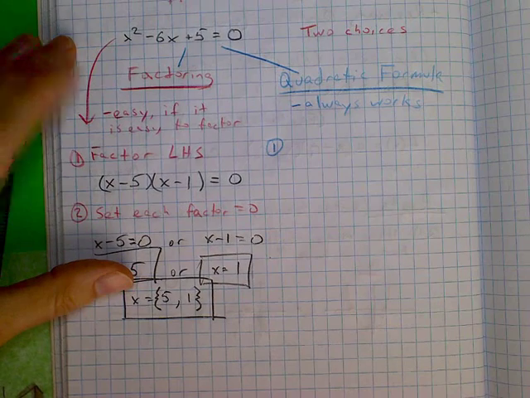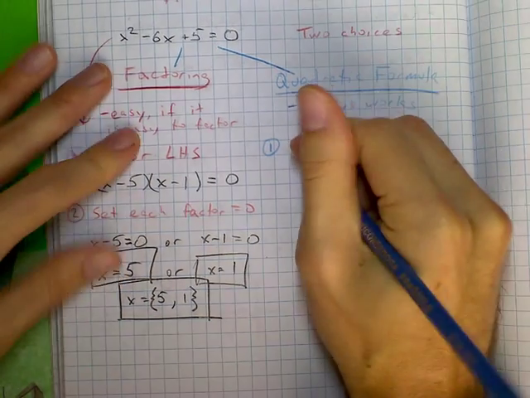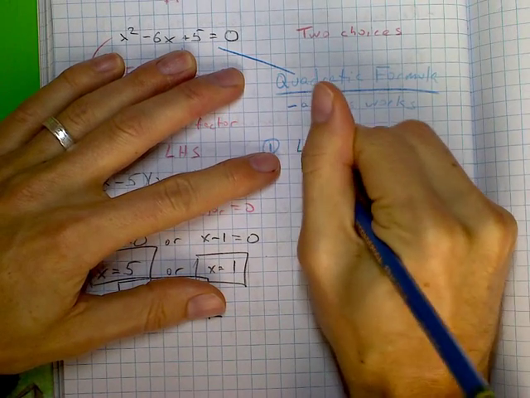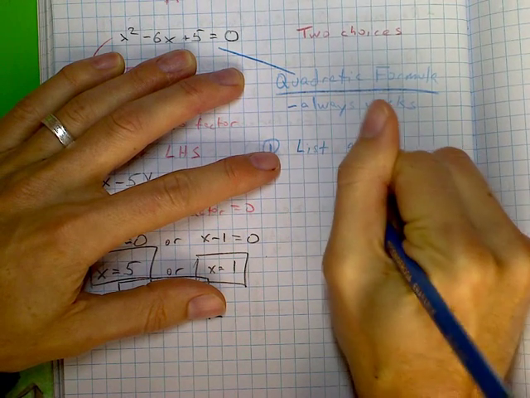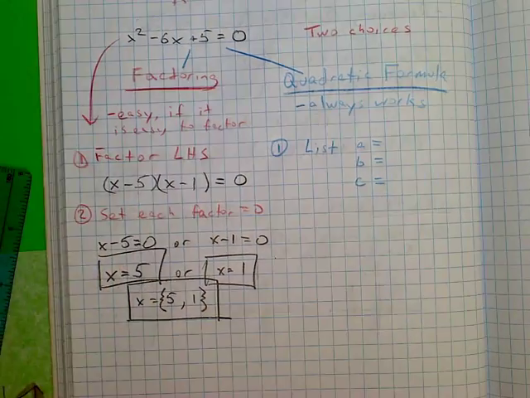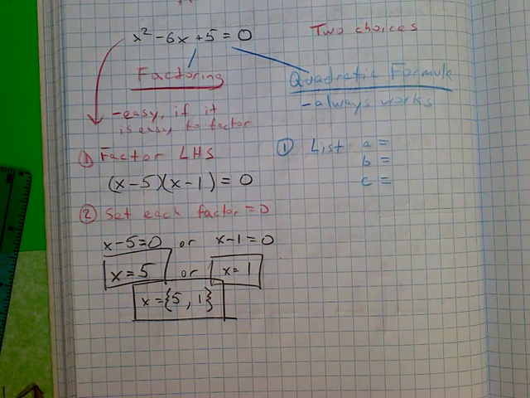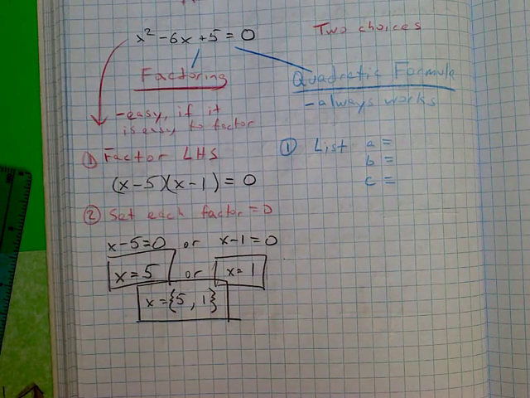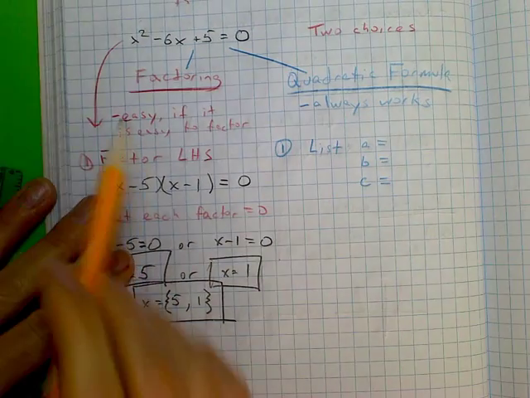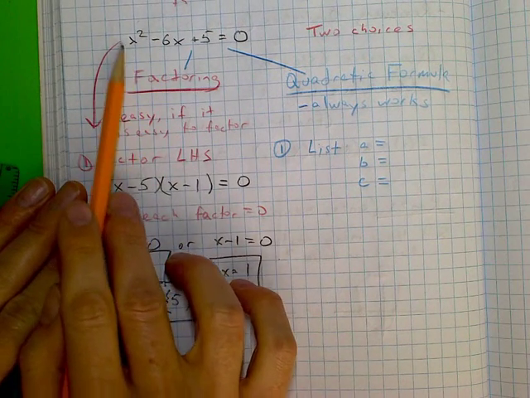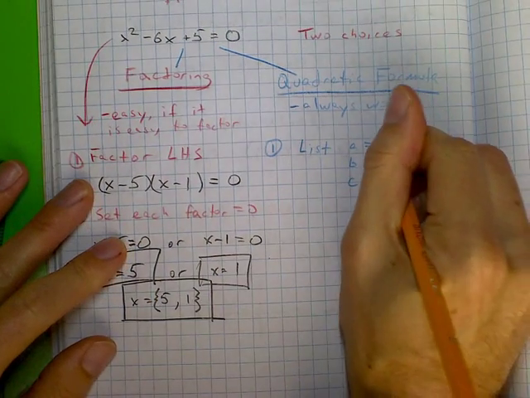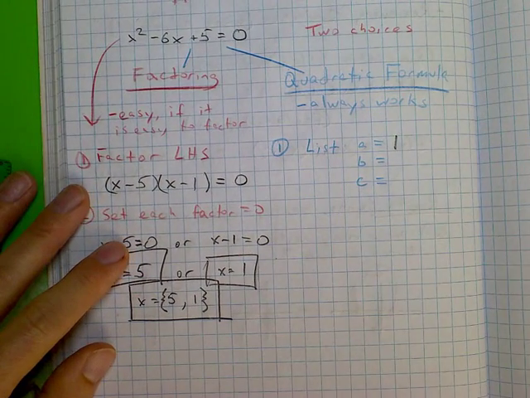Okay. So, for the quadratic formula, first off, let's decide what A, B, and C are. I want to know those first before I start plugging stuff into my formula. It's going to help me out a lot if I just write them down. So take 5 seconds, write these down. So what would the A be? Remember, A is in front of the x squared. Yeah. So if there's not a number there, it's a 1.